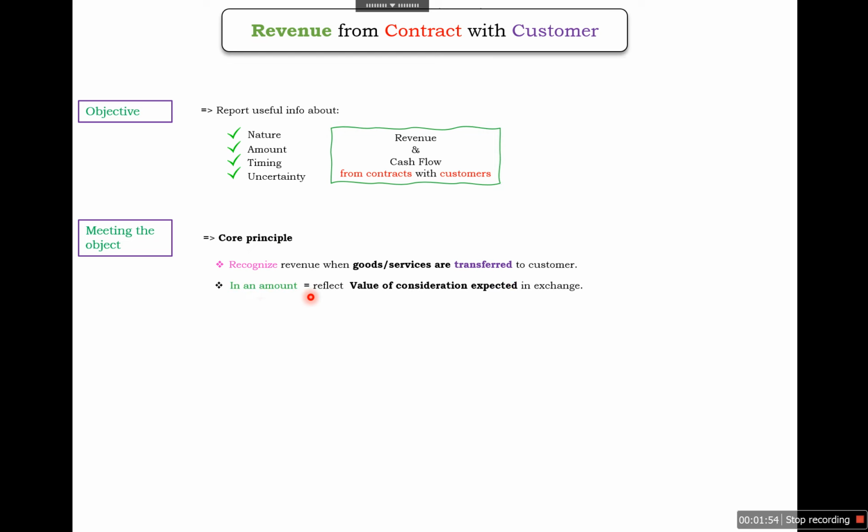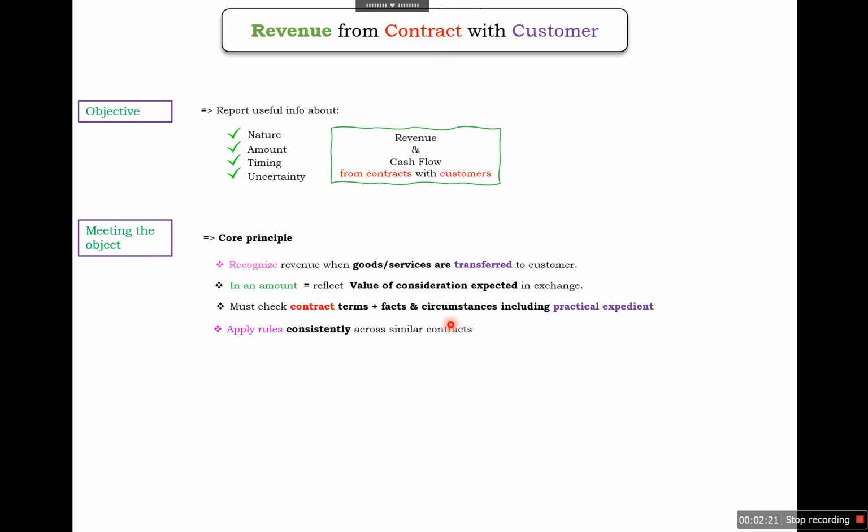So it will be for the value of consideration expected in the exchange of the goods and services that we have provided. And we need to check the contract terms and facts and circumstances. And Ind AS 115 provides liberty to use practical expedient when we are recognizing the revenue. And we need to apply these rules consistently across similar contracts.